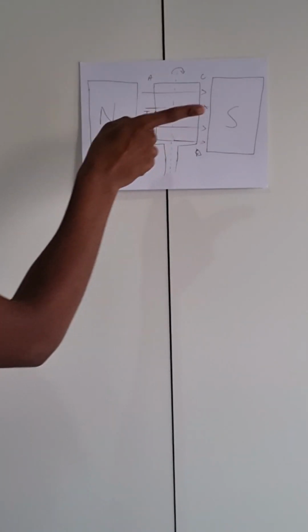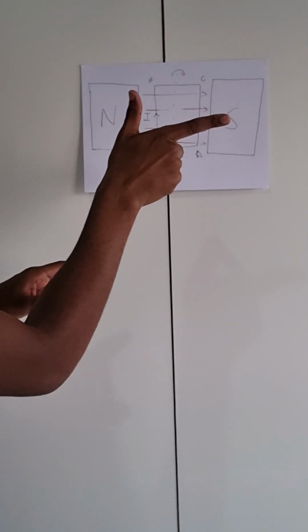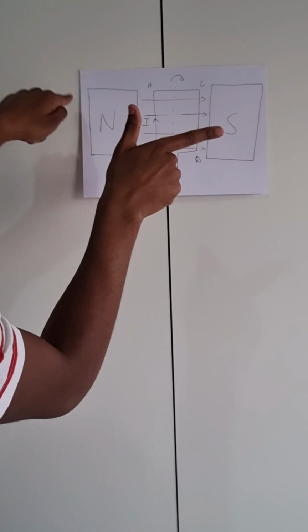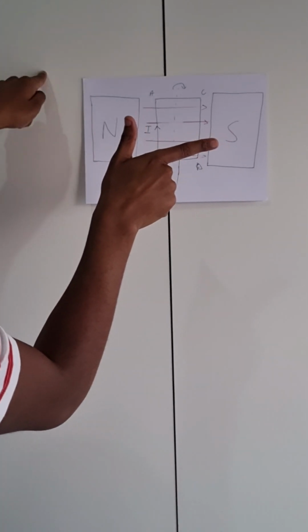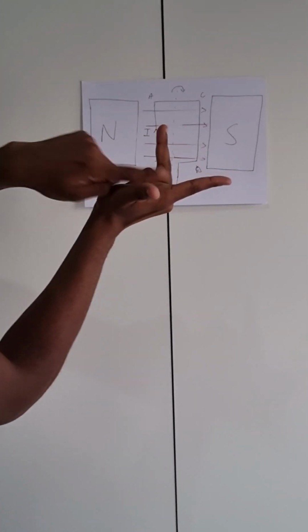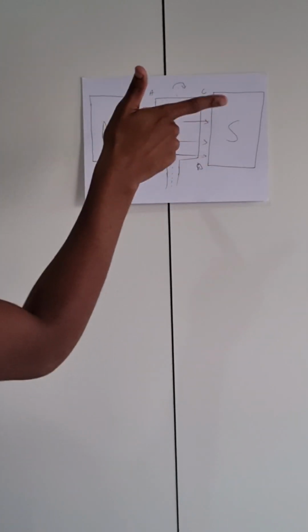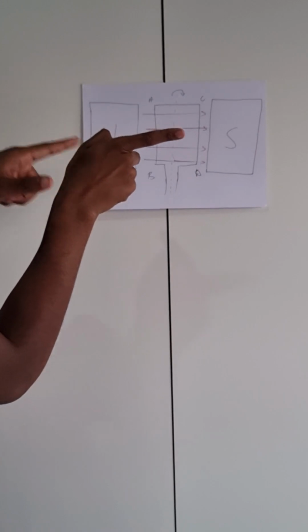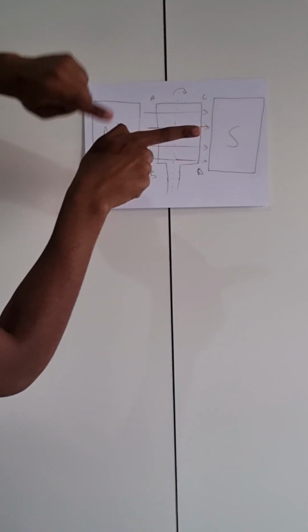So your middle finger is gonna point in that direction, into the board, or into the page, or away from your chest. This is my middle finger, which is pointing into this page, and remember my magnetic field is from north to south.